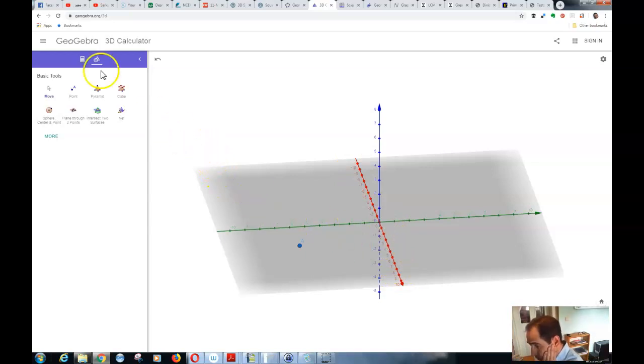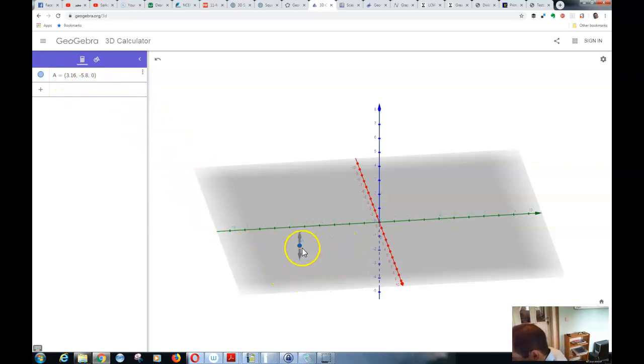Now the coordinates of this point in this coordinate system are the x coordinate 3.16. But over here I'm reading, which is right, because this is actually your x-axis, so your x coordinate is 3.16.